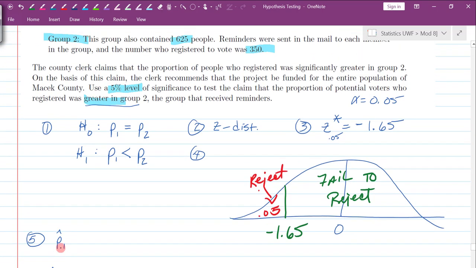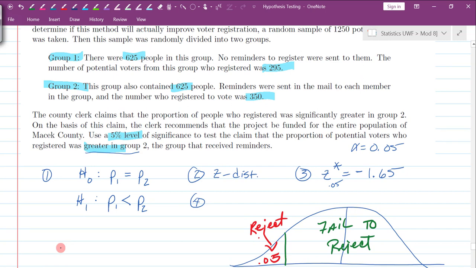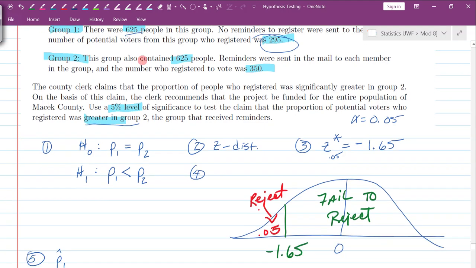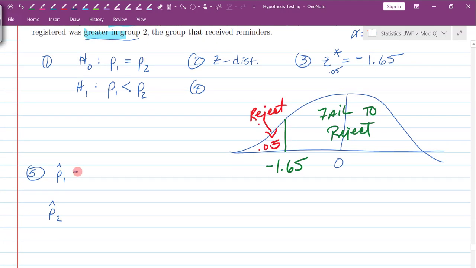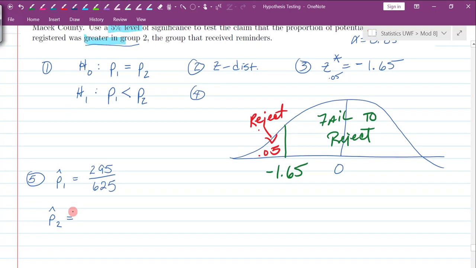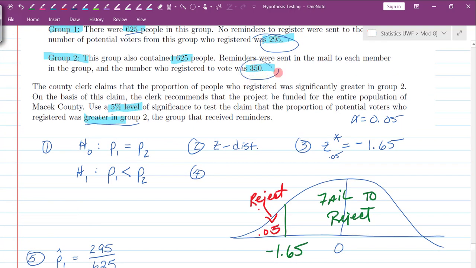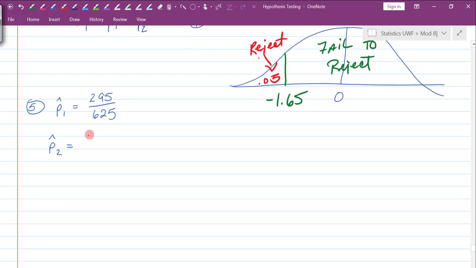So coming up here, I had for group 1, 295 people that registered to vote out of 625. So p hat 1 is 295 divided by 625. And then p hat 2, how many people registered to vote? 350 out of 625. So 350 registered out of 625 that were mailed reminders.